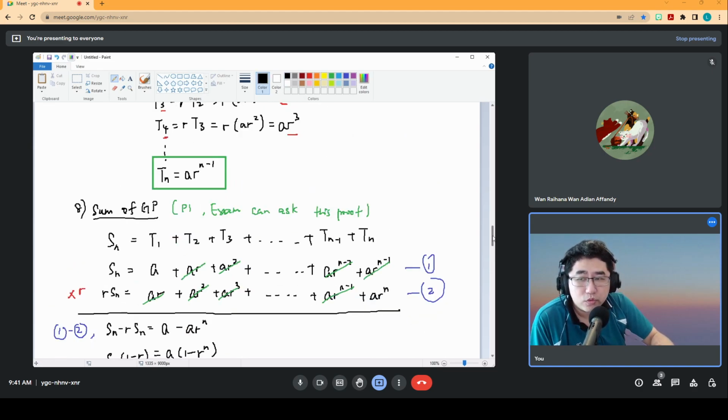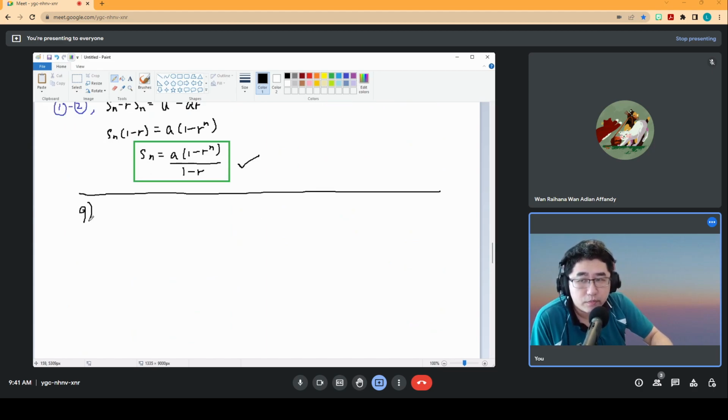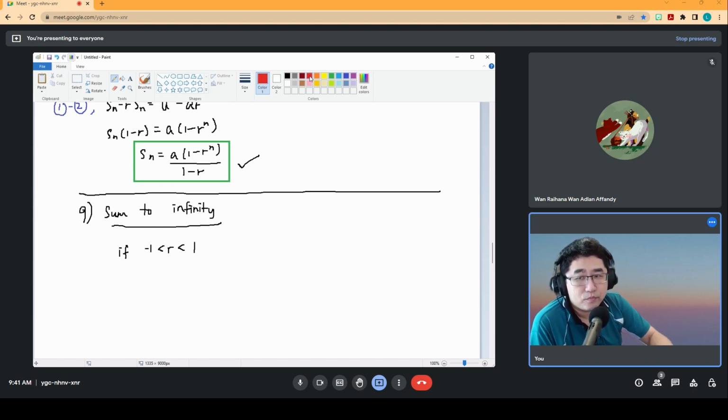After this, number 9, sum to infinity. So over here, if R, the ratio, is in between minus 1 and 1, something special is going to happen.